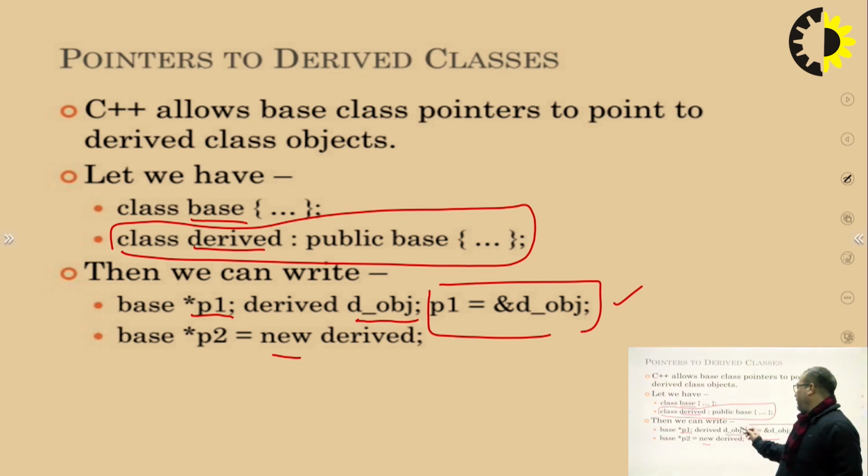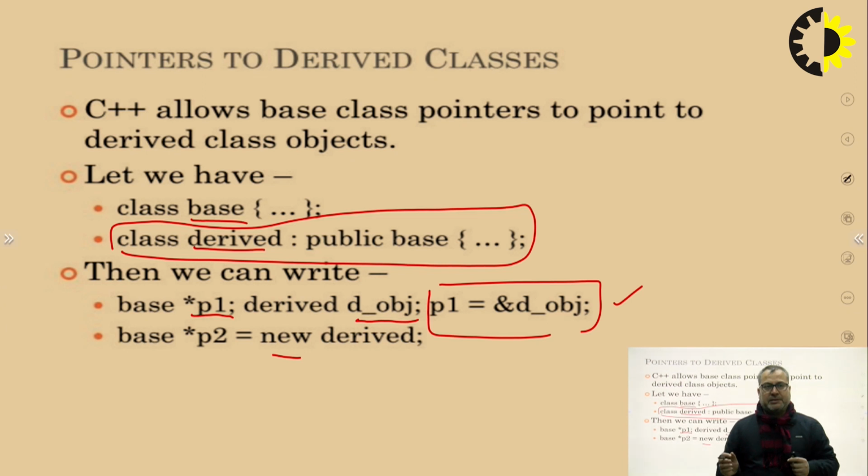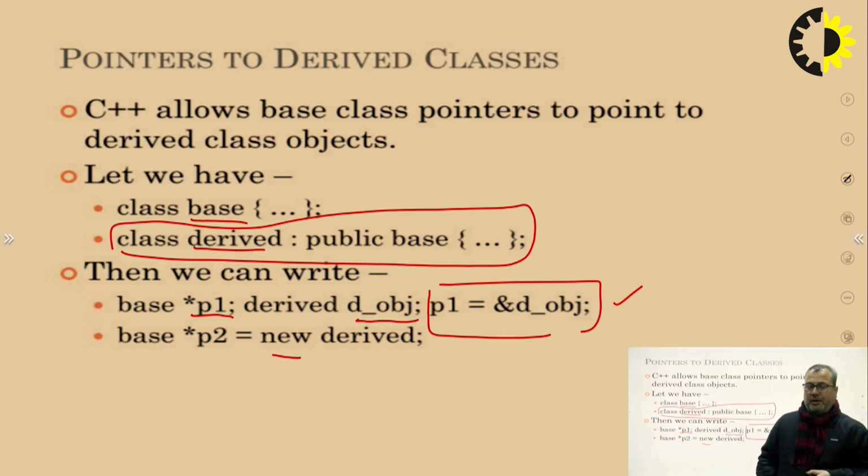There is no way that you create a pointer to derived, like you can create derived asterisk P3, and you cannot assign P3 equal to the address of b_obj. So let me remind you, in a base class pointer you can assign the address of the derived class, but vice versa is not possible. If you want to assign that, then you need to typecast and all that.